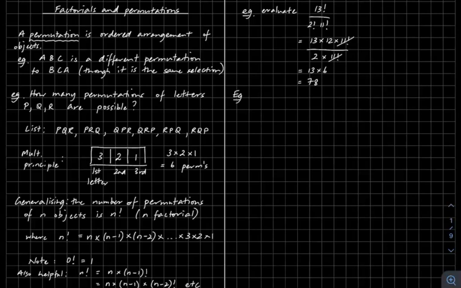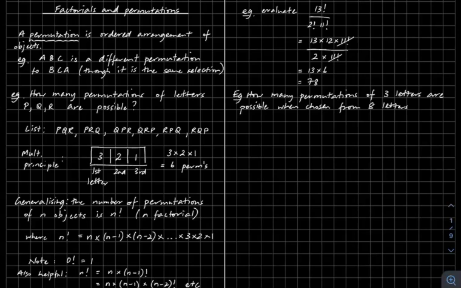Let's say, how many permutations or arrangements of 3 letters are possible when chosen from, let's say, 8 letters. So, maybe the letters A, B, C, D, E, F, G, H. Is that right? So the first 8 letters of the alphabet.